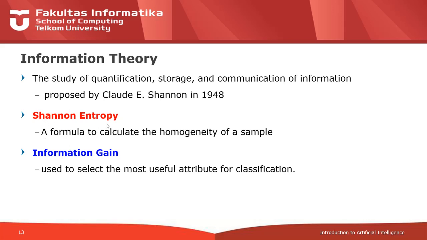First, Shannon entropy is a formula to calculate the homogeneity of a sample, whether a sample is all the same, or all equally distributed, or the sample is chaotic or random. Then information gain is a formula that we will use to select the most useful or important attribute during classification or during learning.